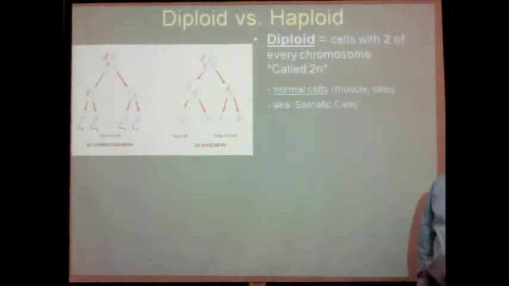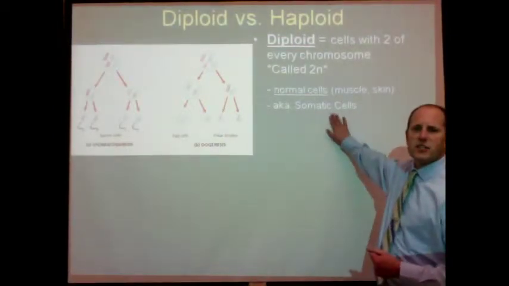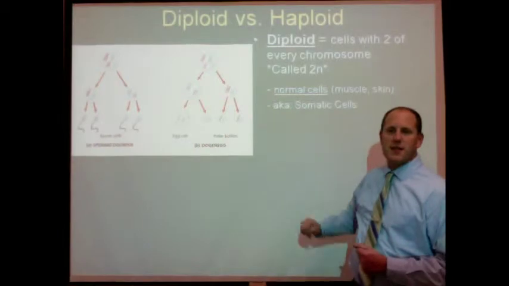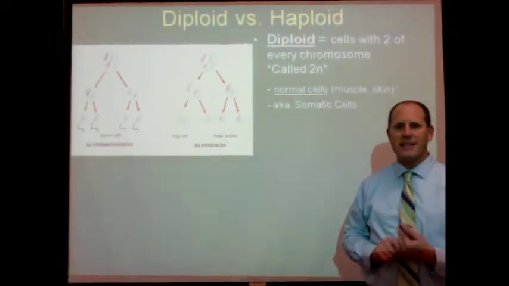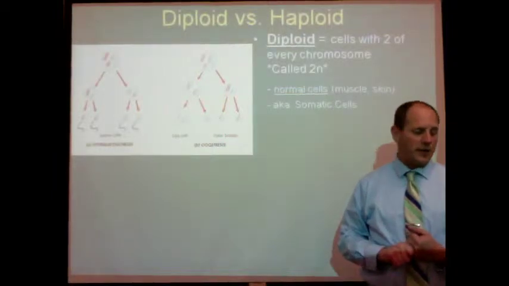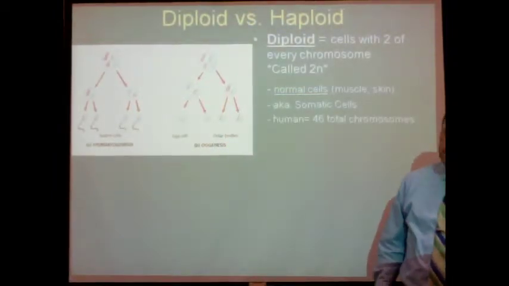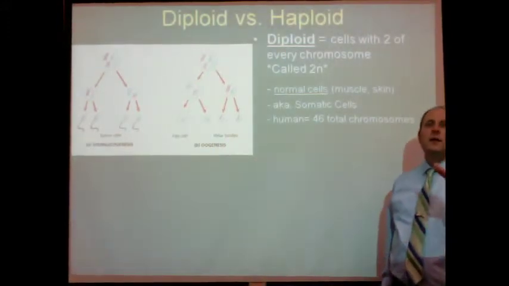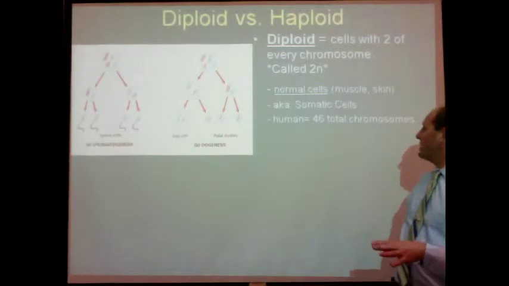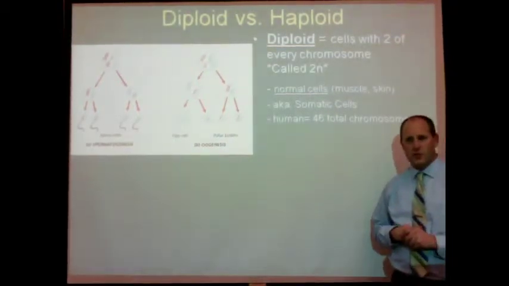These are our diploid cells, our normal cells. There's another term for these diploid cells. It's this term somatic cells. Somatic cells. That's another term for the normal cells of the body. In a human, that would be all of us, our diploid cells have 46 total chromosomes.